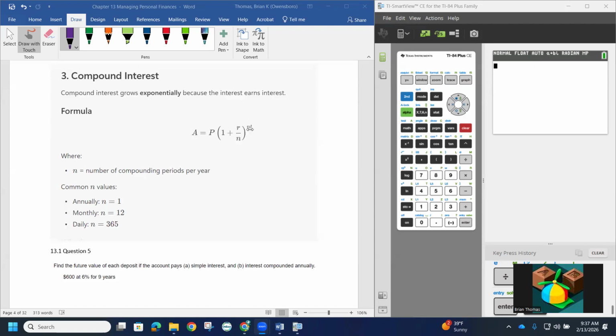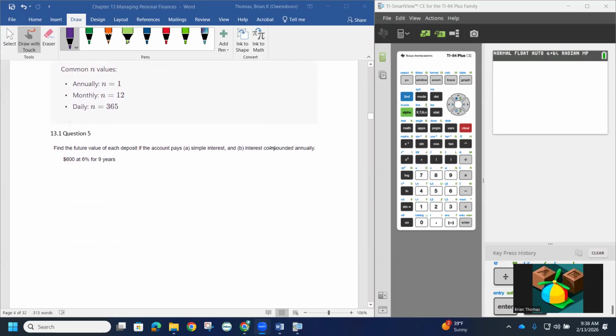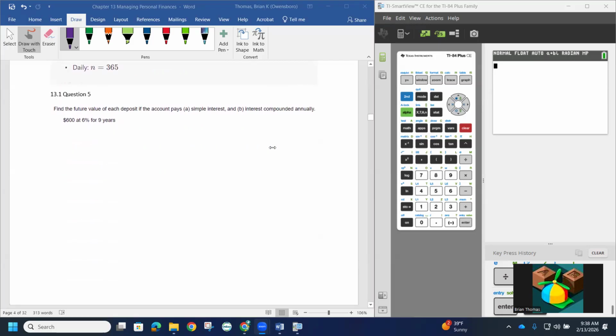And then N times T represents how many times we compounded altogether. Notice that the time could go past a year, so this is more long term as well. Like when you're borrowing for cars and stuff like this, they have some of this type of math going on. So here's a question that you will come across in your homework.